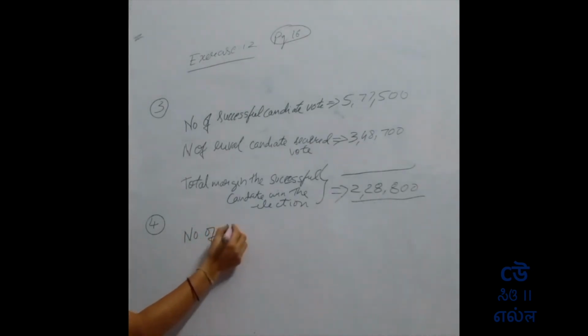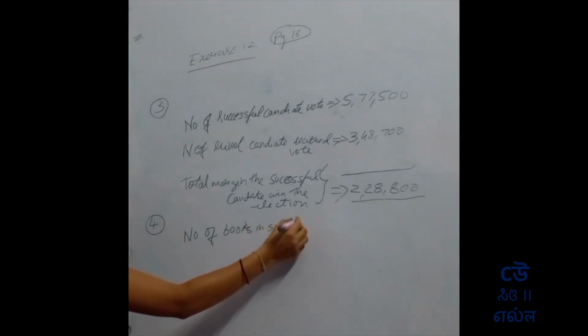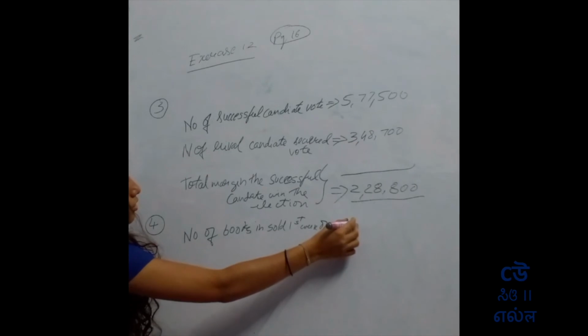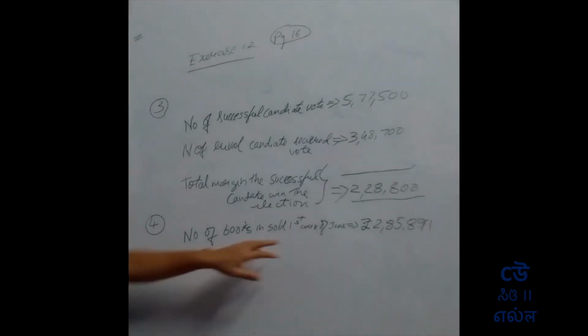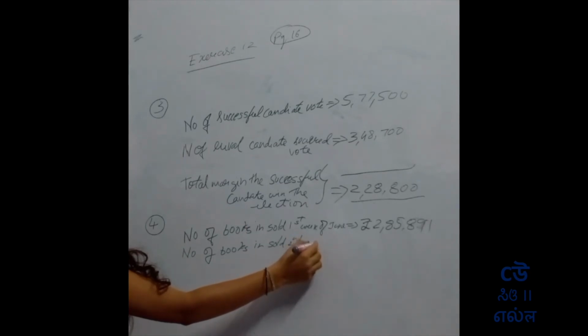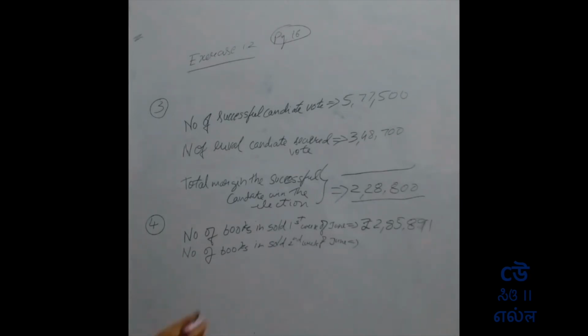How many books did he sell in the first week of June? 2,85,891. Then the number of books he sold in the second week of June is 4,768.